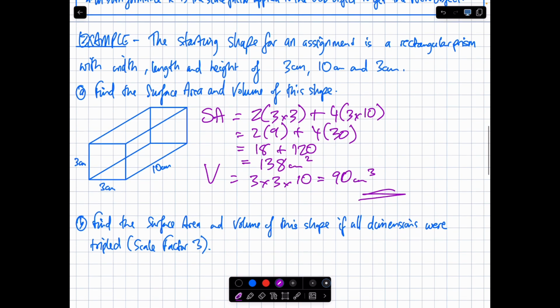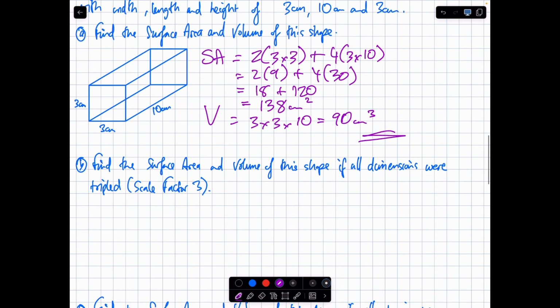All right, I will only do this first one. Find the surface area and volume of this shape if all the dimensions were tripled. So I'm going to demonstrate those formulas that you just got. New surface area is equal to k squared times the old surface area.